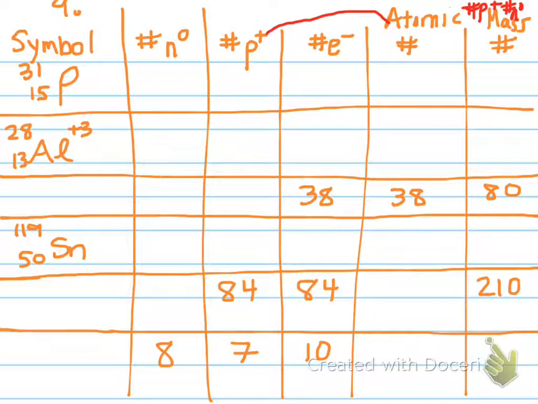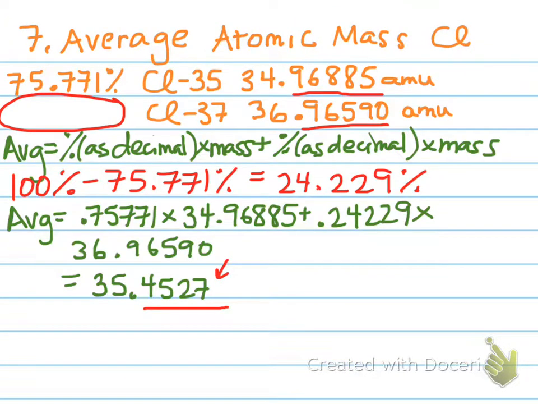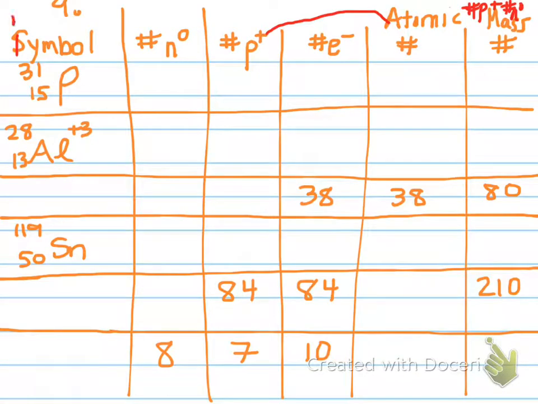Okay, so using that information, and remember when we're given information in this format, the top number is our mass number. And the bottom one is our atomic number.